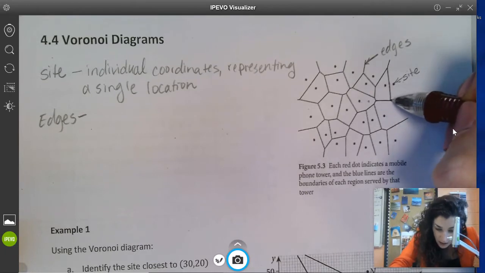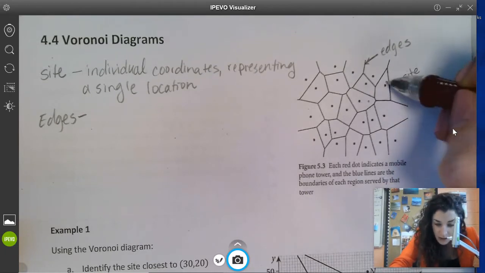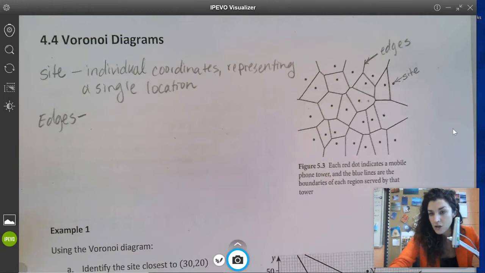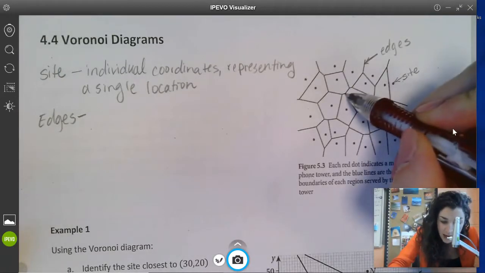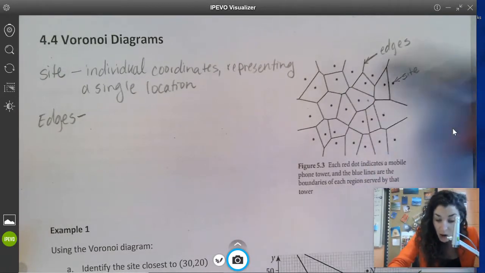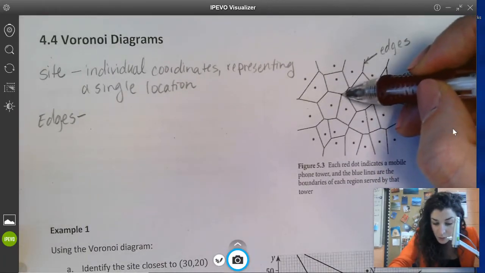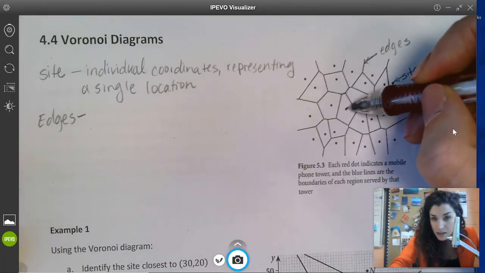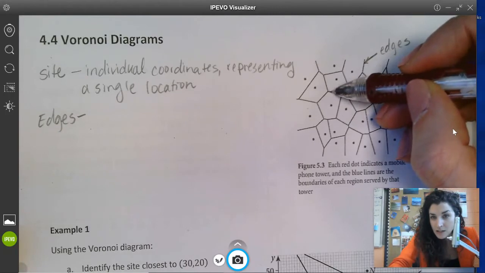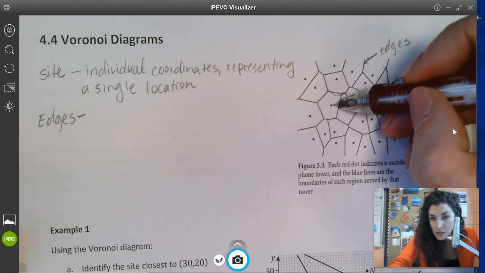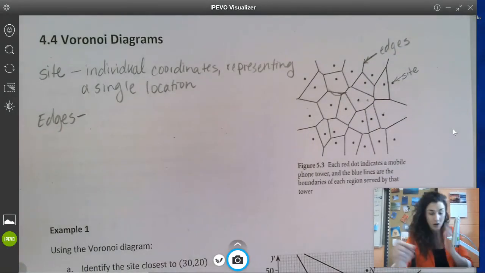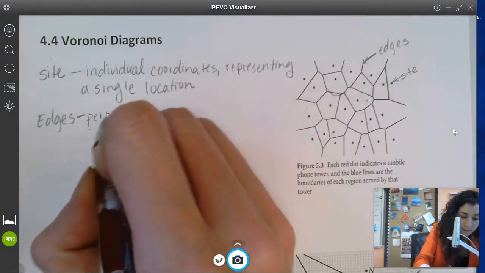This guy right here is the perpendicular bisector between these two points. Pick any edge and see if you can figure out which two points are being perpendicularly bisected by that line, right? This guy right here is part of a perpendicular bisector between this point and this point. This one is the perpendicular bisector between this one and this one.